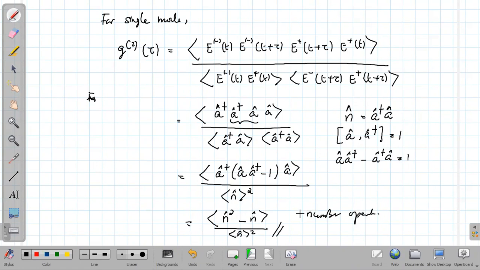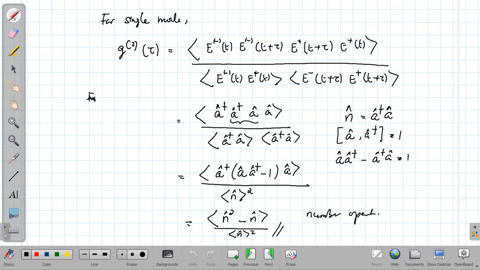Okay, so if you want, we can change it slightly also. You know that the square of uncertainty is the average of n square minus average n square.